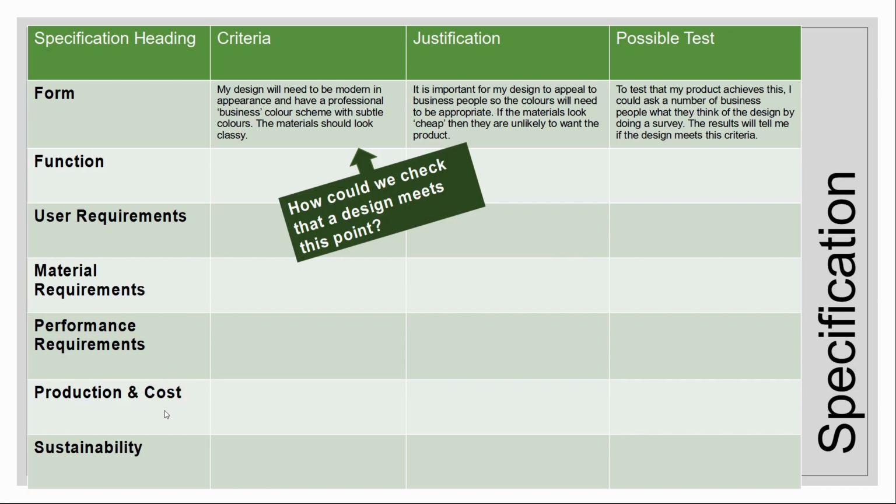Cost, you could review against other designs on the market, like we said, to check that yours is in line with where you think it is in the market. Sustainability. So on this one, you could, for example, make a test model and check whether it can be taken apart easily for recycling.